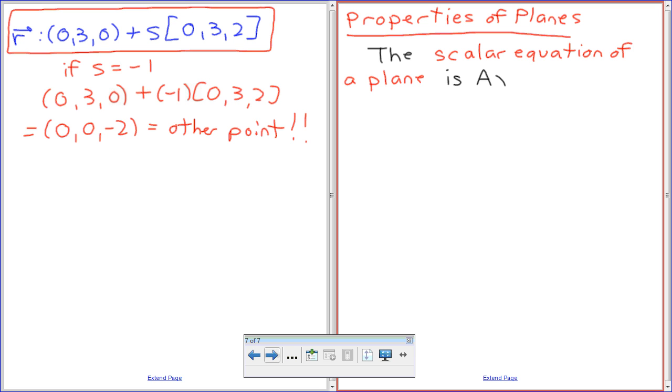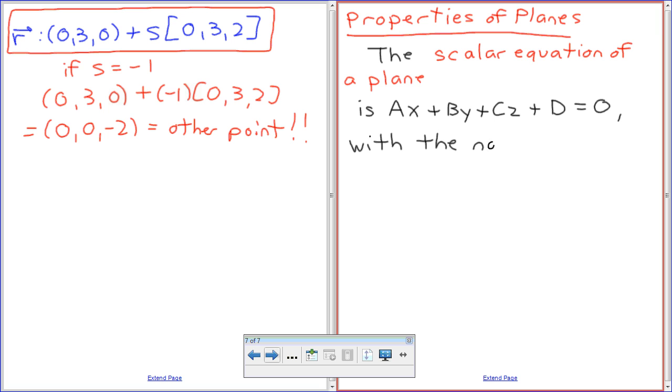The scalar equation of a plane is ax plus by plus cz plus d equals 0, with the normal vector n equal to a comma b comma c.